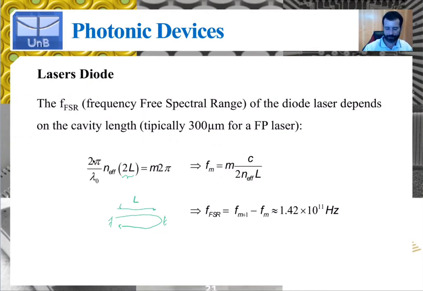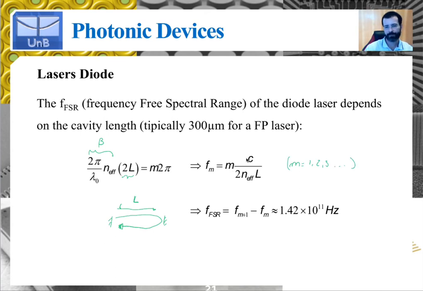If we multiply this by beta, the propagation constant, we find the phase shift which light goes through in propagating this distance, and this has to be a multiple of 2 pi. And if we substitute for lambda here in terms of the frequencies, and we isolate frequency, we see that we have integer multiples of resonant frequencies given by this equation, which we've derived before. So m is a positive integer, and these are the resonant frequencies.